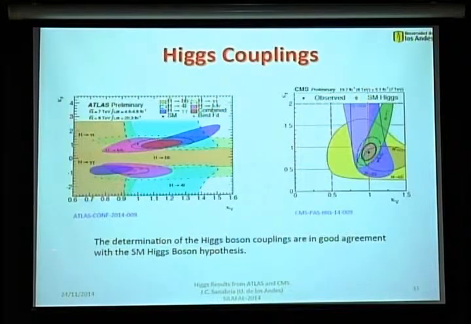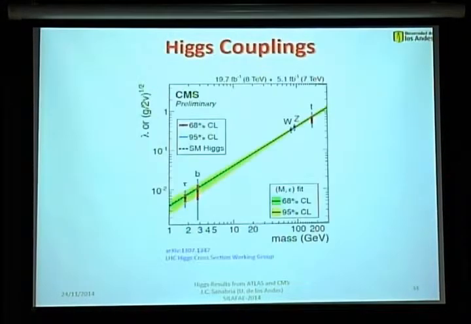But the conclusion, as also mentioned this morning, is that the Higgs boson couplings are in good agreement with the standard model Higgs boson hypothesis, with no strong deviations. That would summarize the plot that has been discussed in both talks. It tells you that it quacks, so it does behave like a Higgs. Details here, details there, but it does play that role.